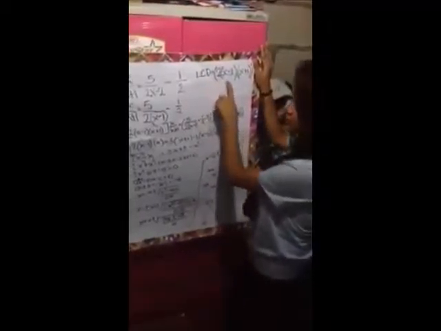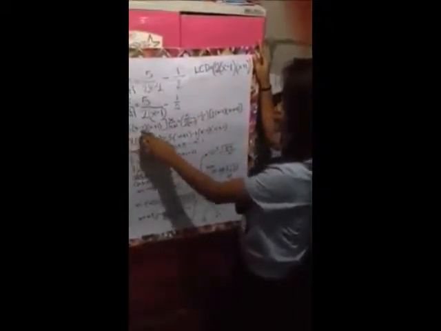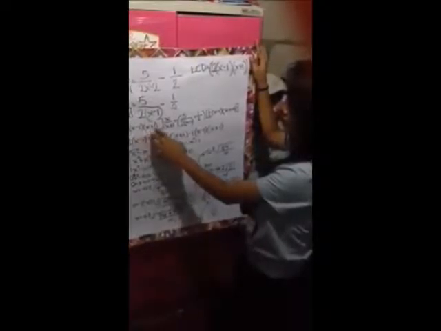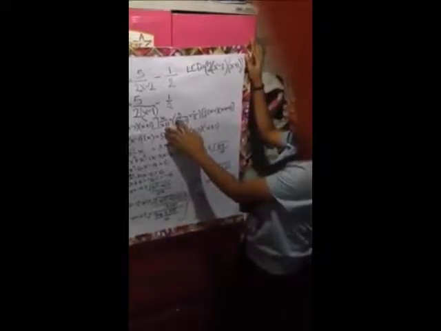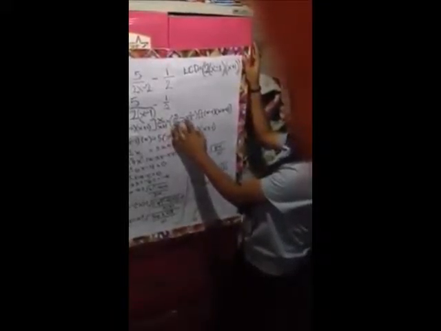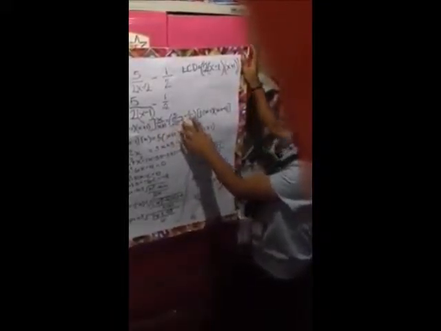I find the LCD, 2x minus 1 times x plus 1. x over x plus 1 plus 5 over 2x minus 1 is equal to 1 over 2.